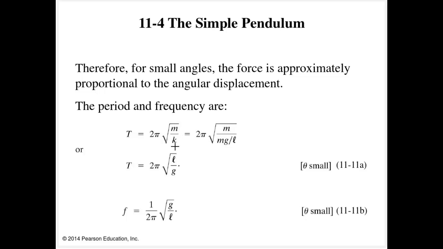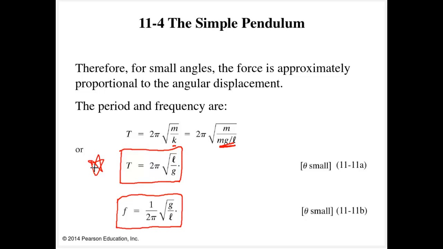Essentially what we can do is say that the effective spring constant is going to be related to the mass, gravity, and the length of the pendulum. So we can come up with expressions for the period being related to the length of the pendulum as well as the gravity, two very important equations to be able to use.